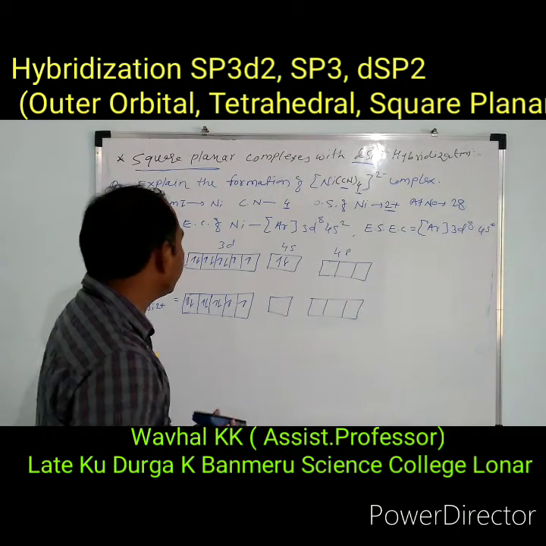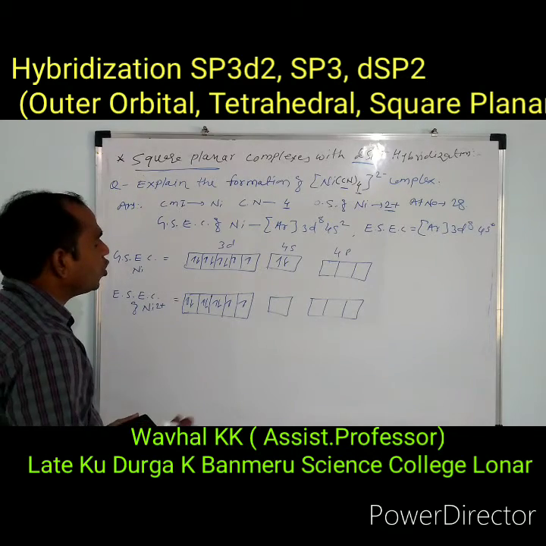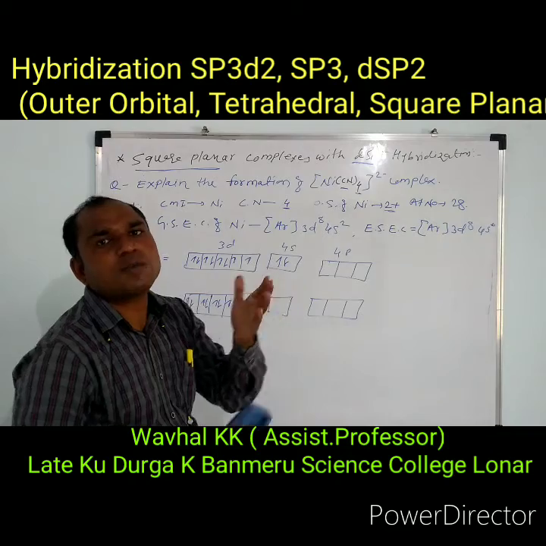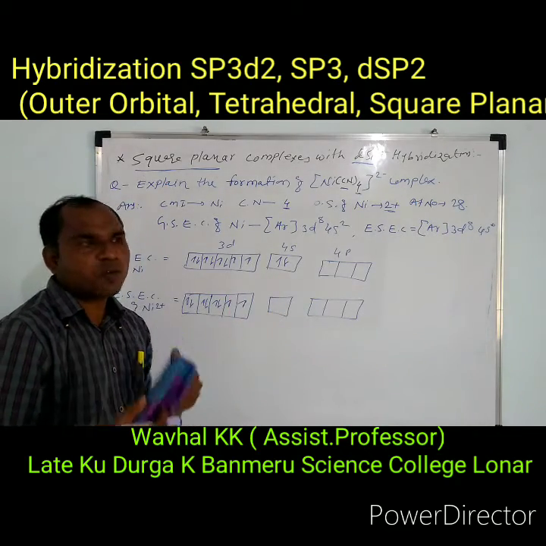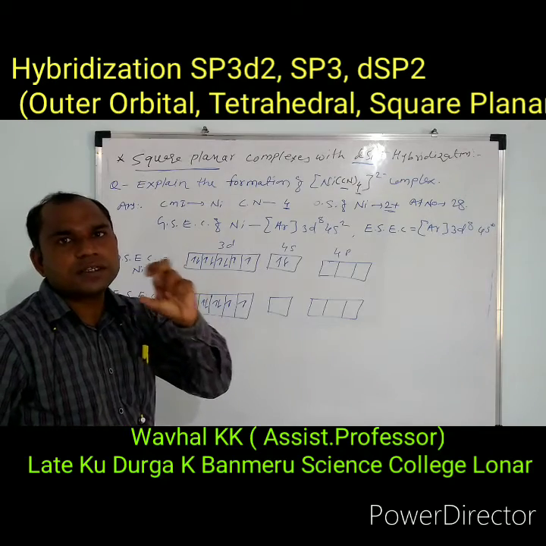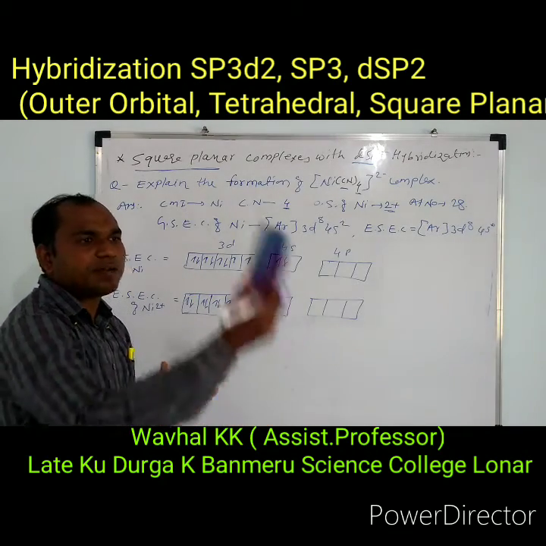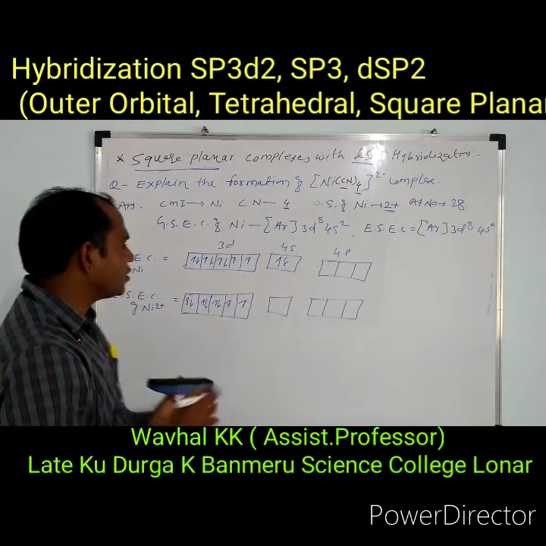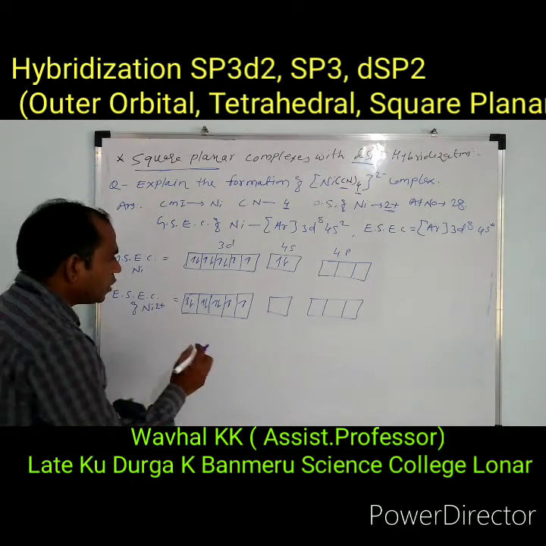See here what happened in the excited state when 4 CN ligands come close towards the nickel for bonding formation. CN is a strong field ligand, hence it pairs up the electrons, and electron pairing takes place in the 3d orbitals.